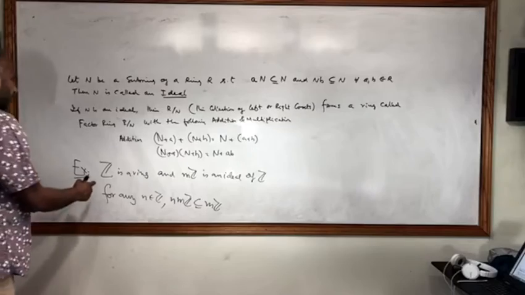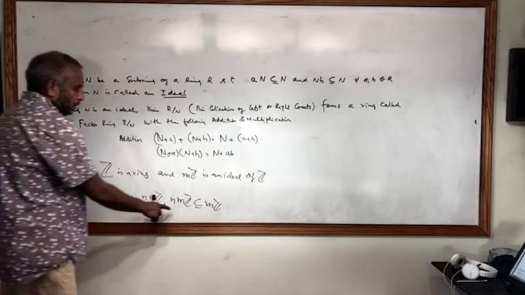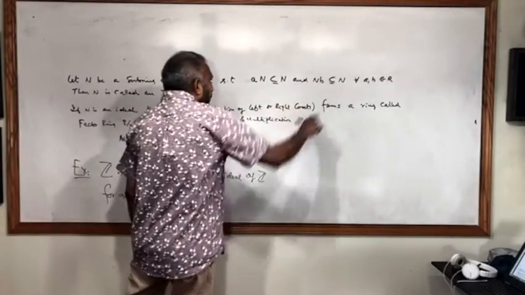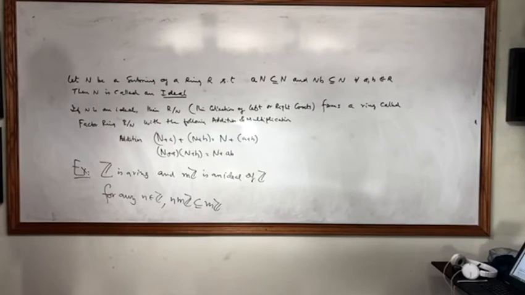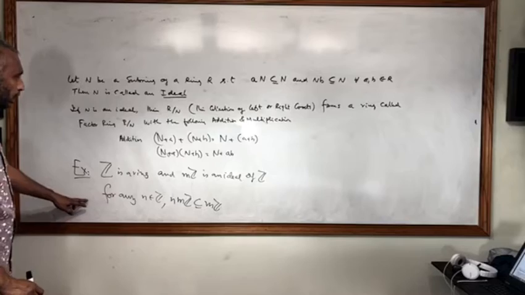Of course, this is a commutative ring, so the other portion is also valid. So this is one example of an ideal.